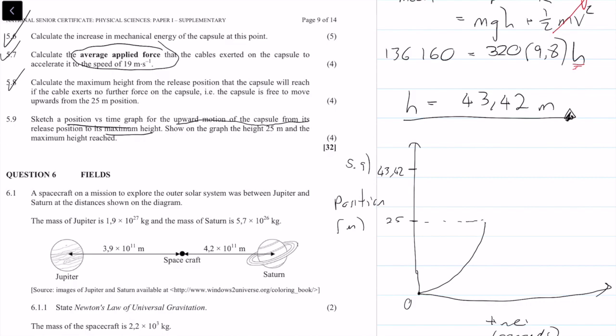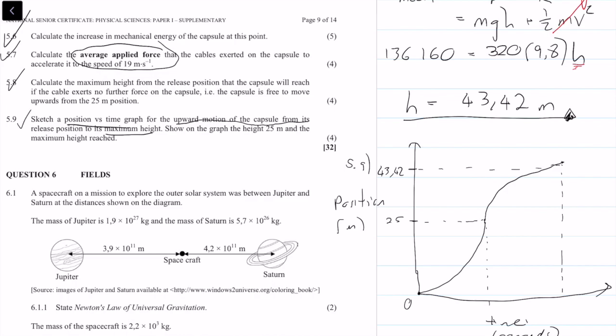Thereafter we can assume that the tension in the cable goes away, so it's going to start leveling off until it reaches this point right here. So let's say it'll look something like that. Let's see if I can get it a bit nicer. Yeah, basically something like that. And you should be able to get your 4 marks for that.